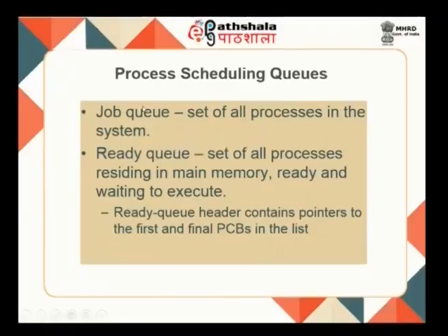For that, you have a number of queues that are maintained. Initially, when a process comes into the system, it is put into a queue called the job queue. This job queue has all the processes in the system which are coming afresh into the system. And from this job queue, there should be someone who picks up a process and puts it into the main memory, because for a process to execute, it should be present in the main memory.